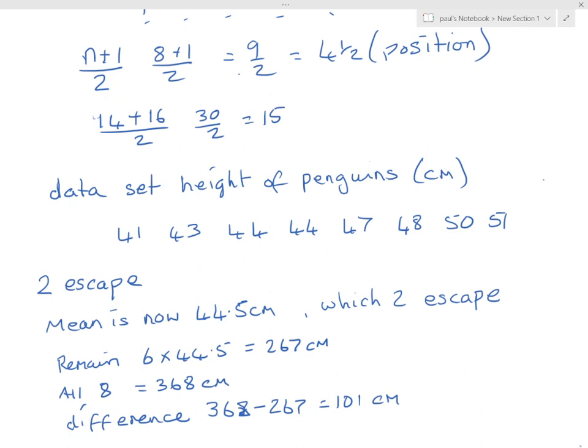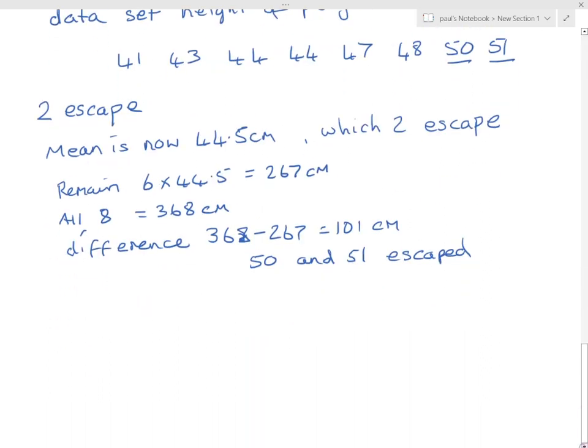So now we're going to look along there, and they're going to make it easy for you. We need to find two penguins whose combined height is 101 centimeters, which is these two. So the 50 and 51 height penguins are the answer. They're the ones that have escaped.